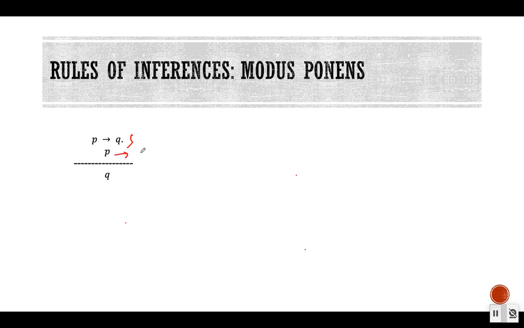So when P is true, then obviously Q is true. If these two are my premises, then my conclusion, Q, is true. If the premises are true, then the conclusion will be true, because if P is true then Q is true, and now P is true, so obviously Q is true.